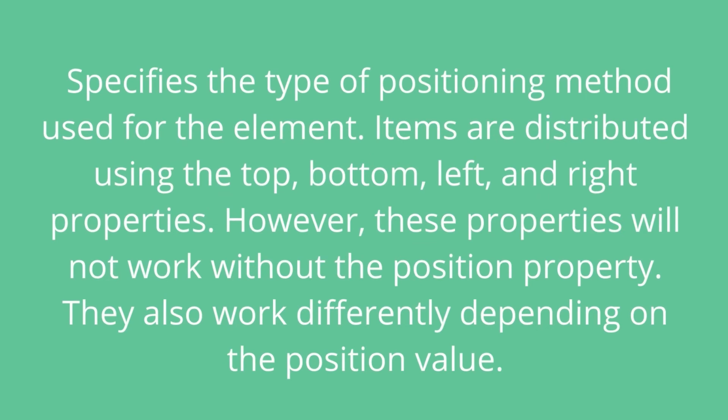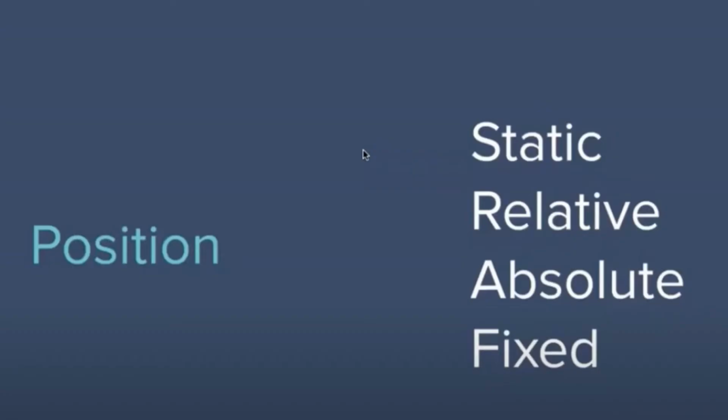You can now also set the CSS property, which is the position property, to position the elements on the screen the way you want, rather than just following the default layout. So let's look at some of the ways in which we can change this position property.